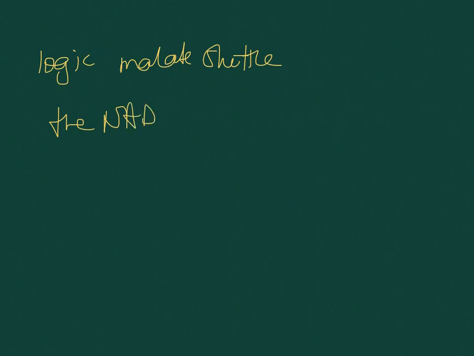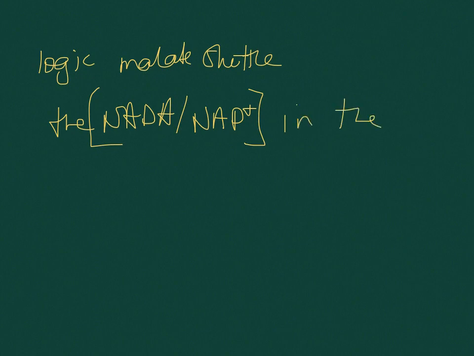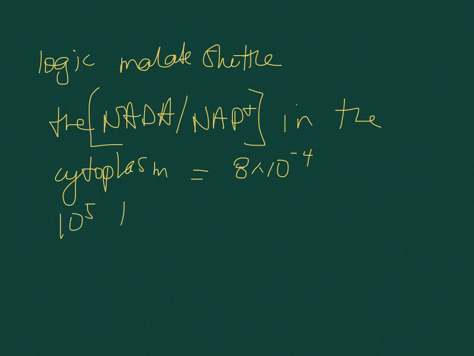One more note about this reaction. There's a logic to that malate shuttle that we saw. The NADH to NAD+ ratio in the cytoplasm is 8 times 10 to the minus 4. This is about 10 to the 5th lower than in the mitochondria.